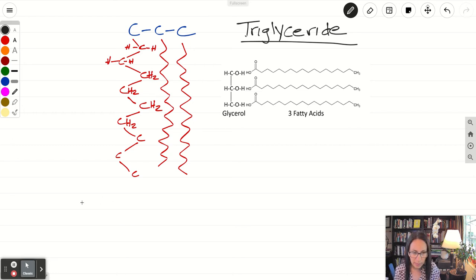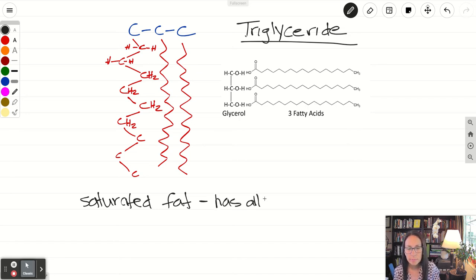Let me write this down. A saturated fat is one that has all the possible hydrogens on the carbons in the fatty acid tails.